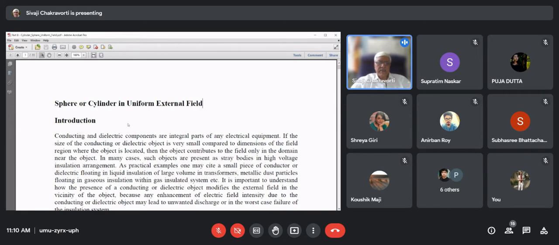Same way, diameter may be 20 times that fibrous cylinder. So again, we can safely assume that cylinder is in uniform external field. So from this practical consideration, we are considering this topic.